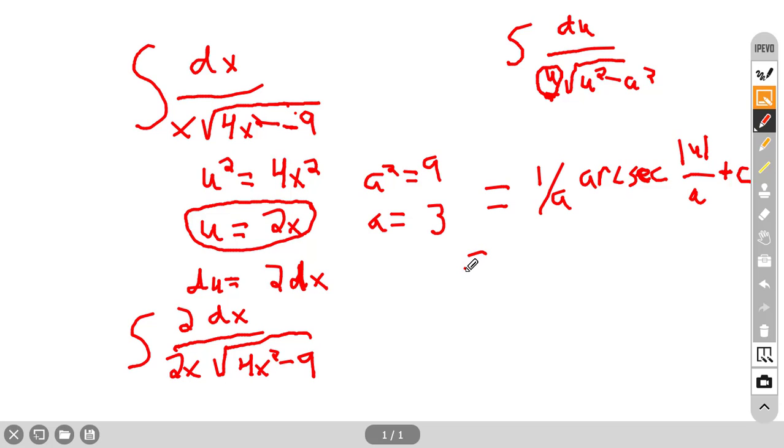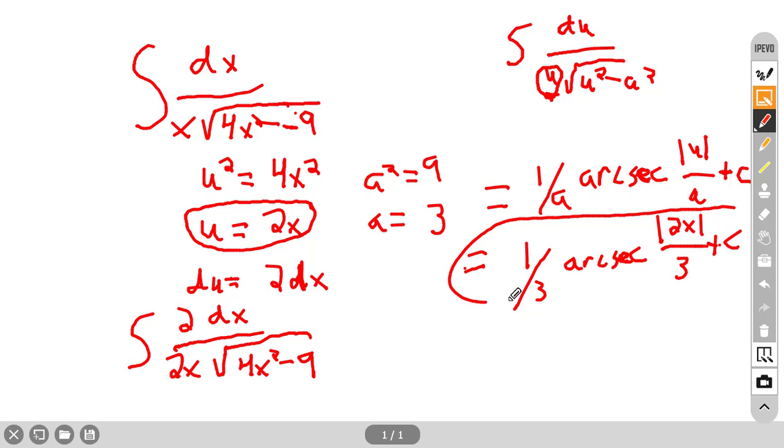I look back here and my a is equal to 3, so that's 1 over 3, and I have my arcsecant of the absolute value of my u, which was 2x, all over my a, which is 3. And then I have my plus c. And that will be your answer. So again, just be careful matching up your u's and your a's, and then you have your plus c.